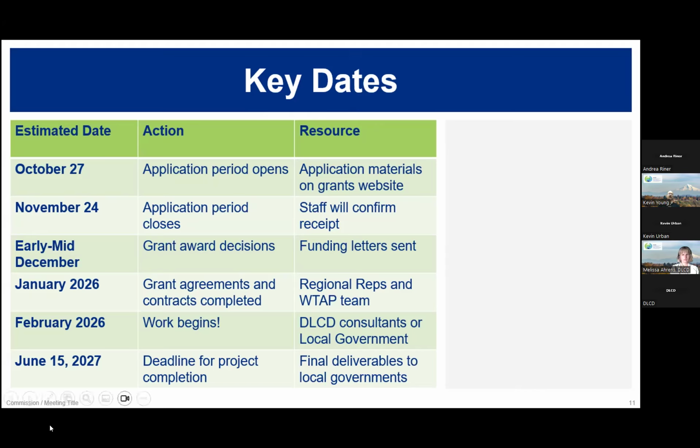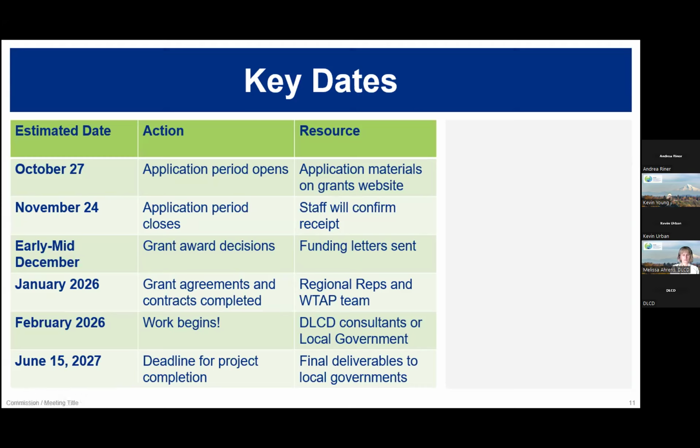We expect to make grant award decisions by early to mid-December and have those funding letters sent out at that point. And our goal is to complete grant agreements and contracts by the end of January 2026, with assistance from regional representatives, members of this Wetlands Technical Advisory Program team, with the goal of getting work to start February of 2026.